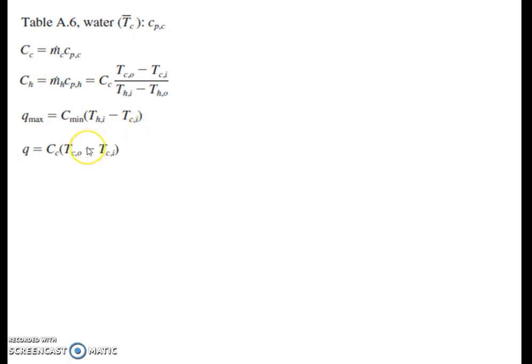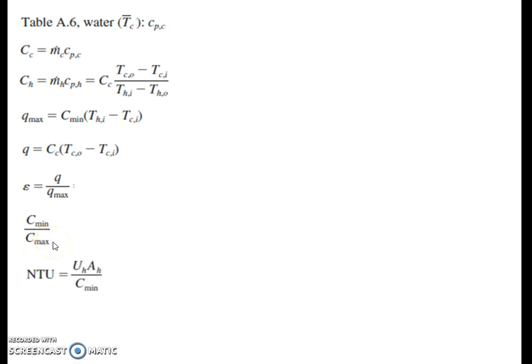After this, we will calculate the heat of the working fluid, the cold side, because based on the question the water is the working fluid. By finding the working fluid heat, we can use the effectiveness formula, the working fluid heat over the maximum heat, and also calculate the capacity ratio.